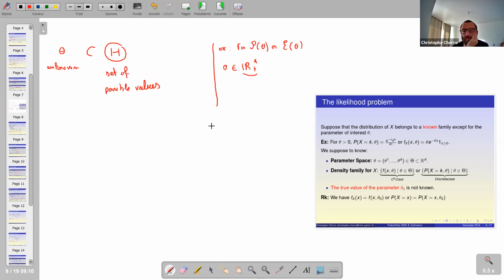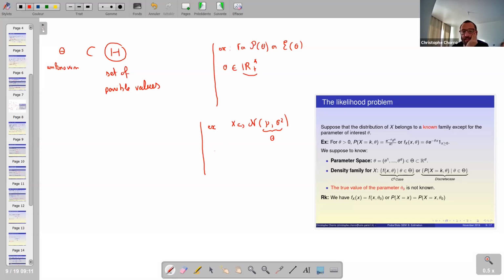If you are, for example, in the following situation, suppose that X follows the N(mu, sigma square). So my parameter of interest here is a parameter of dimension 2, theta equals (mu, sigma square).